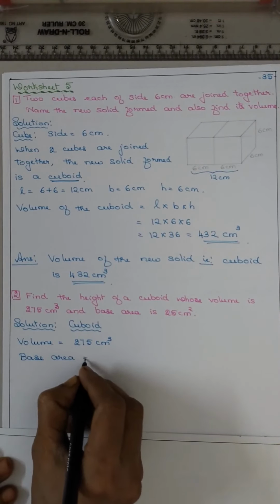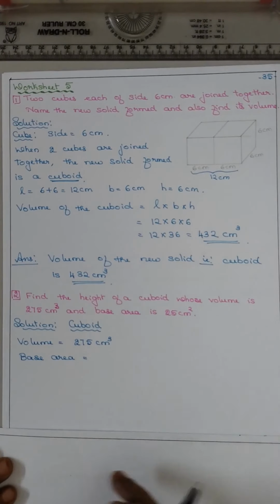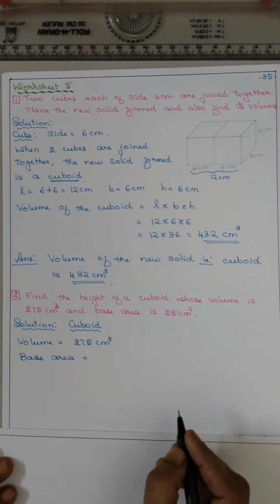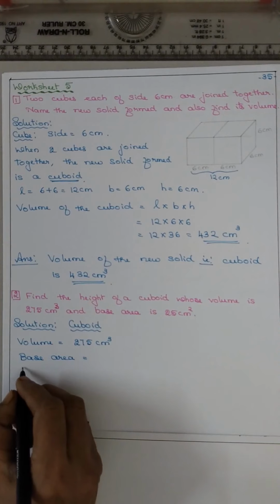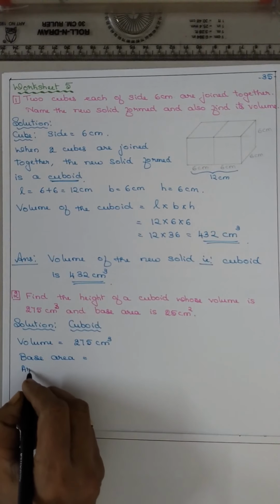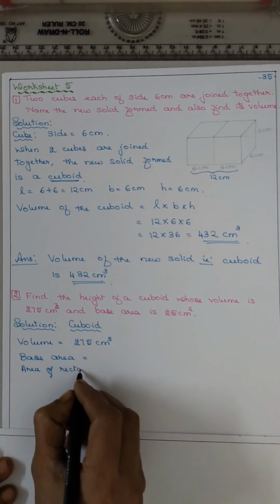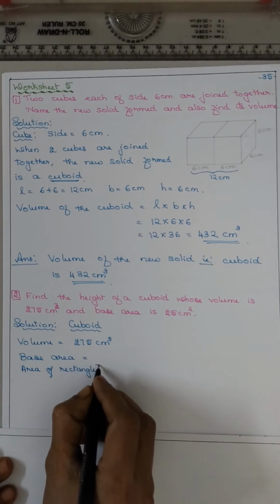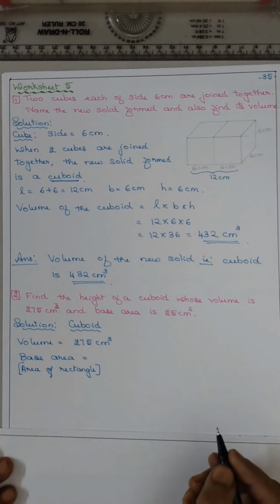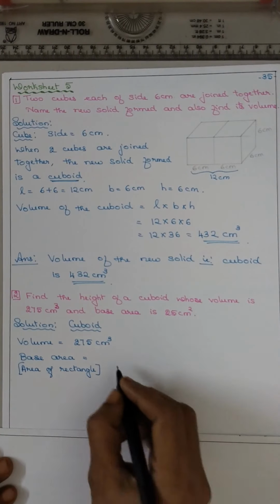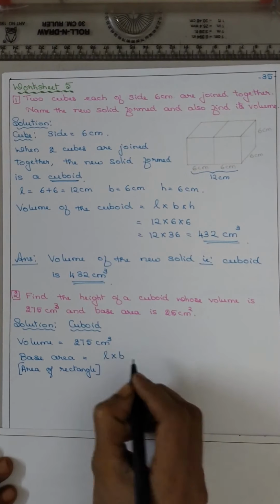Base area, cuboid में base कौन सा shape में है? That is a rectangle. So area of a rectangle. Base area means area of the rectangle. What is the formula? Length into breadth.